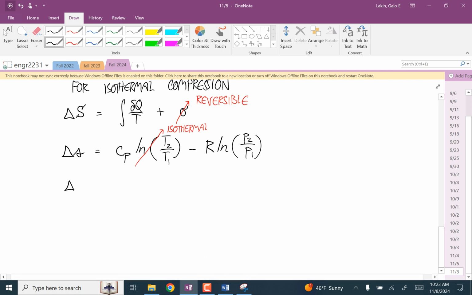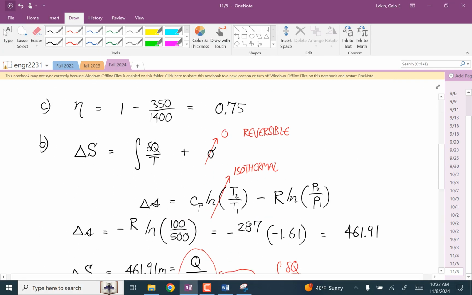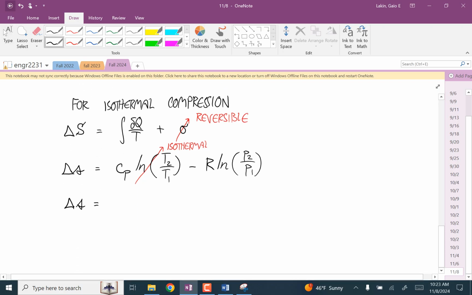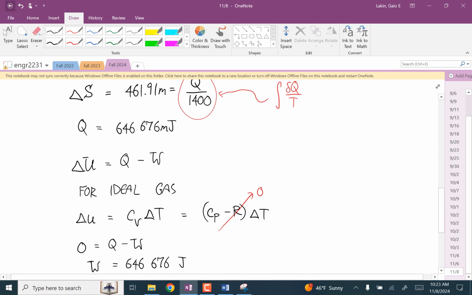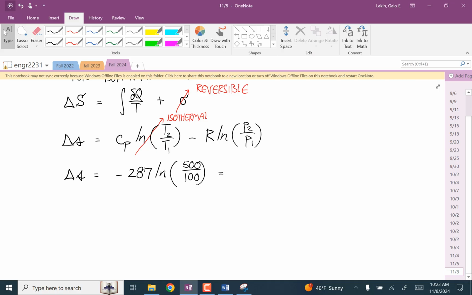But now you can go, delta S is equal to 1005. We don't even need that. So minus 287 times the natural log. The pressures are reversed, so this is 500 over 100. And so this time you get positive 1.61.